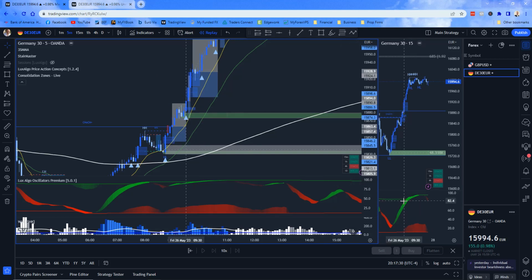Still have momentum because we're right about here. Still have a lot of momentum. I still have good momentum on the 5-minute, and I still have volume. So I immediately re-entered. This time I put my stop loss right below the swing low of the fractal, which is about right here, and got another win.